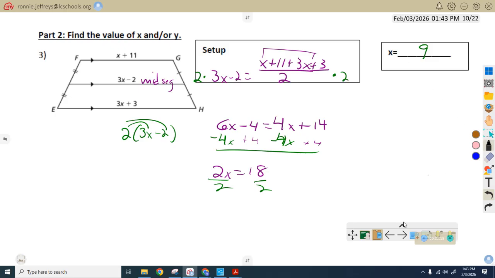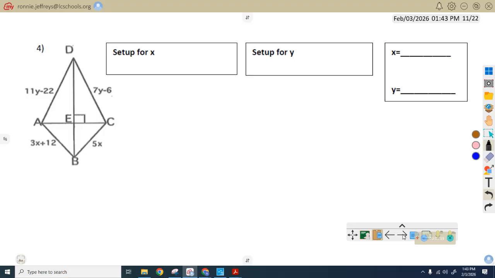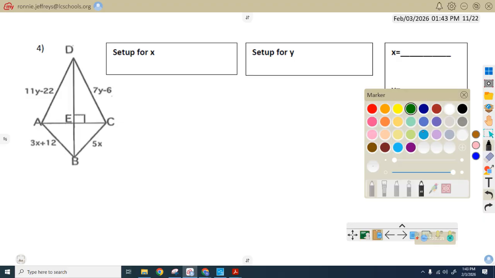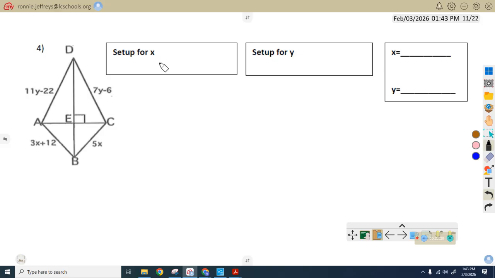All right, so set up for X. By the way, what quadrilateral is this?